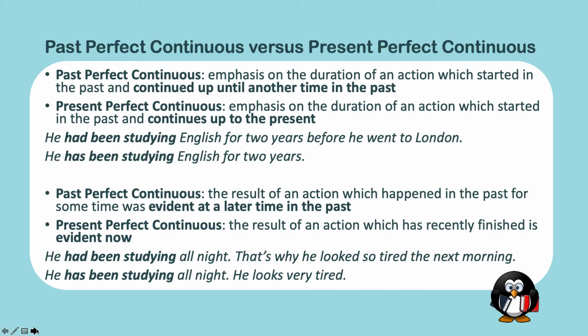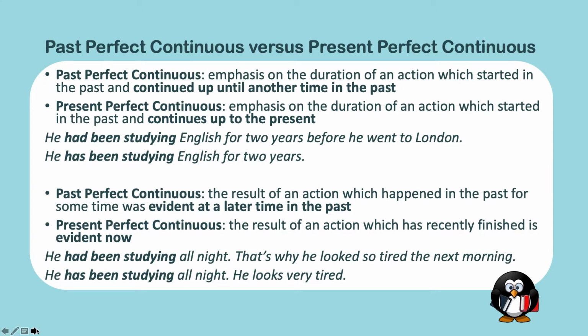Now, notice that we use the past perfect continuous as the past equivalent of the present perfect continuous. That is, the past perfect continuous puts emphasis on the duration of an action which started in the past and continued up until another time in the past, whereas the present perfect continuous puts emphasis on the duration of an action which started in the past but continues up to the present.